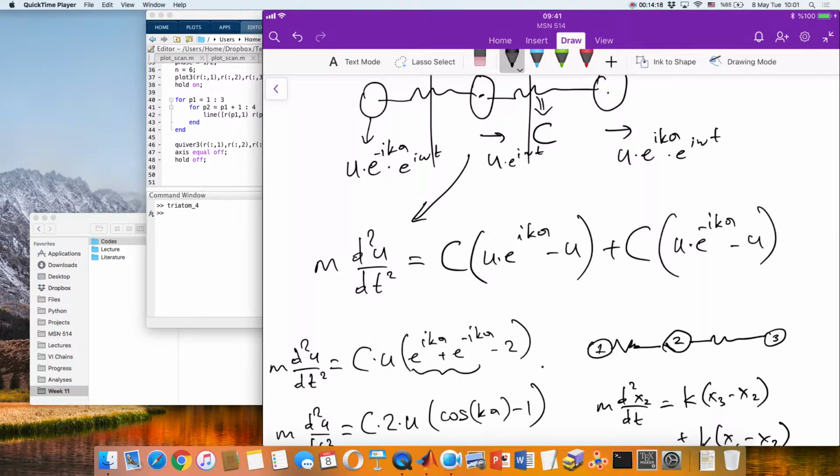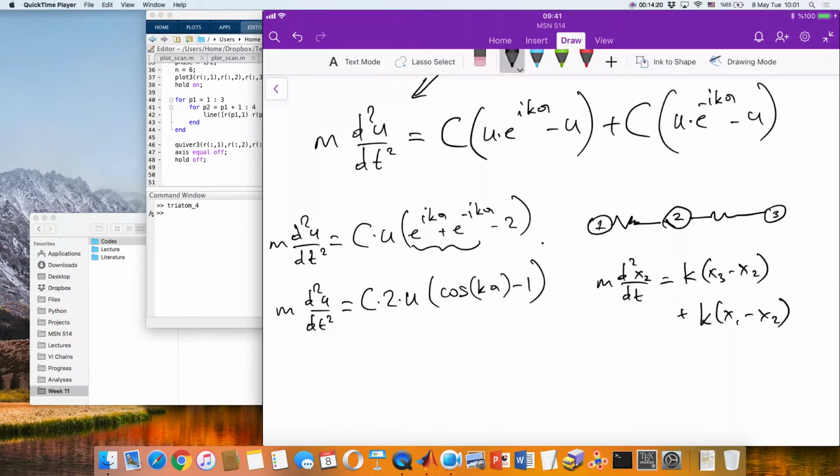So what that will bring me is just omega squared here, m omega squared u. Do you see it? Equals 2c u cosine ka minus 1. Do you like this equation? So now u is a coefficient.